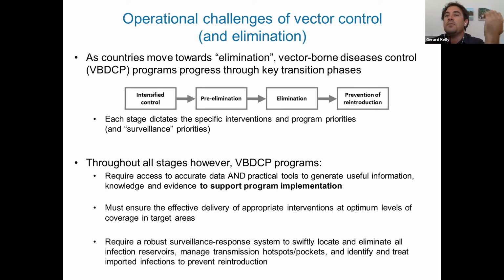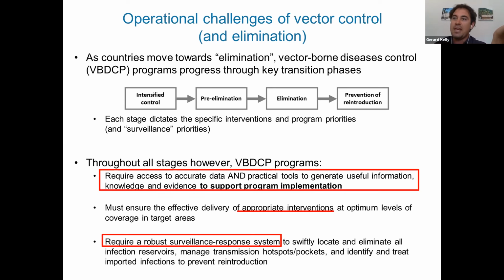And to be able to do this, we need robust and good surveillance response systems to be able to swiftly locate and eliminate transmission reservoirs. Again, I highlighted these because all of these are relevant to what we do with Tupaia, and that is we're aiming to provide really good surveillance response systems that are timely, so that when the information is reported, our implementers can see this information, that the information is accurate and practical, and that our countries, our partners can use that information to both decide what is an appropriate intervention, and to ensure that when they do that intervention, they do it properly.